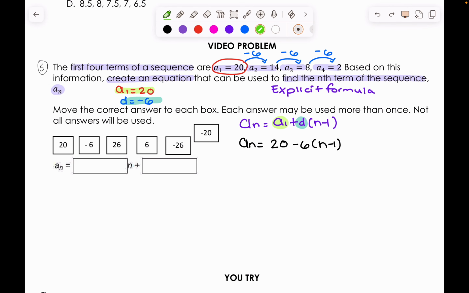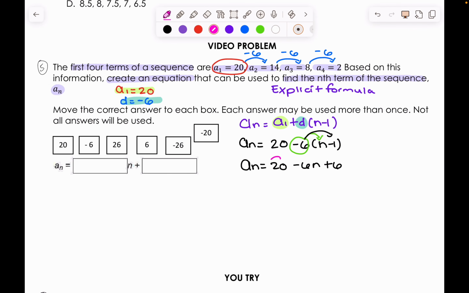So let's keep simplifying. I can go ahead and take the minus 6 and distribute. So we have an equals 20. Negative 6 times n is negative 6n. Negative 6 times negative 1 is just going to give us a positive 6.